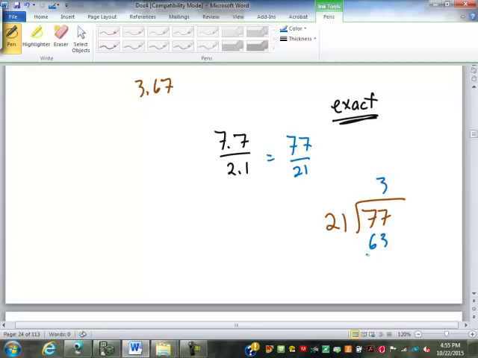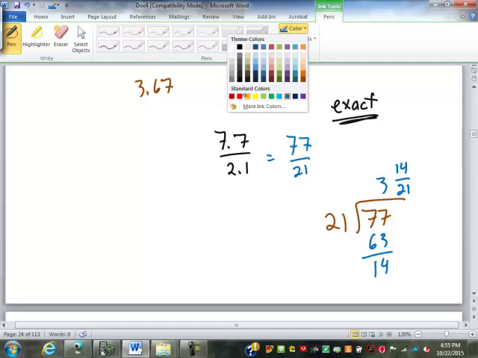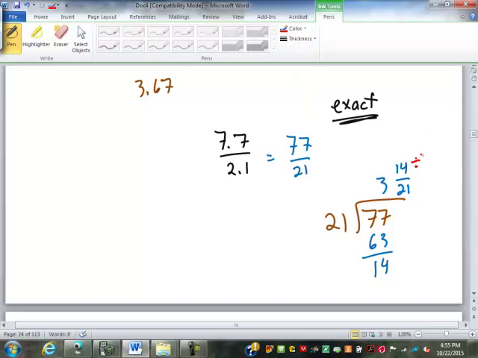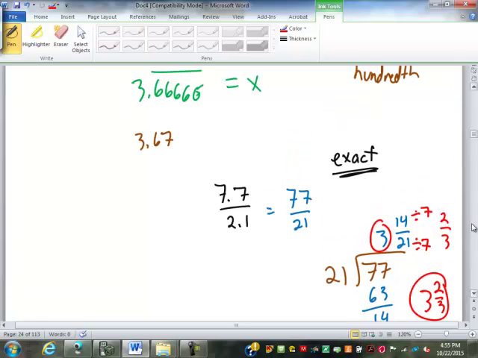That'd be 63 with 14 left over. That's 14/21, and both 14 and 21 can be divided by 7. So that becomes 2/3. Can't forget the 3 for the whole number: 3 and 2/3. Many of you may have recognized once you saw the 6 repeating that it was going to be 2/3.